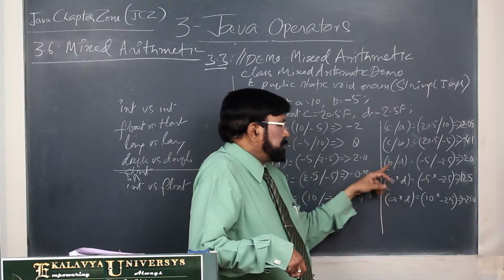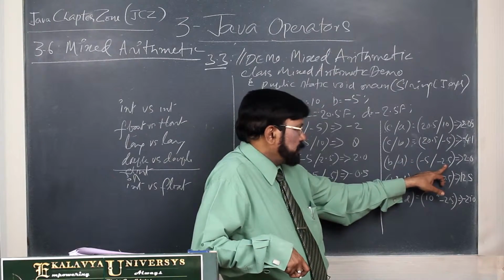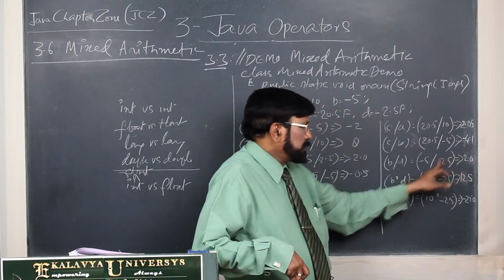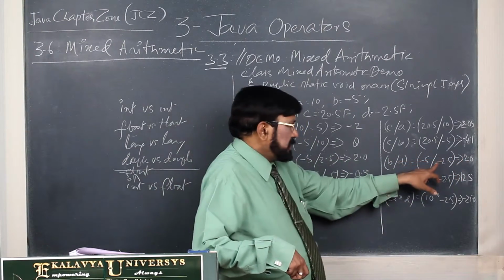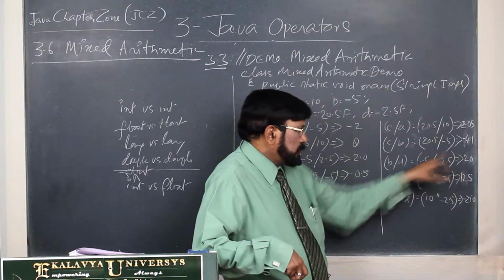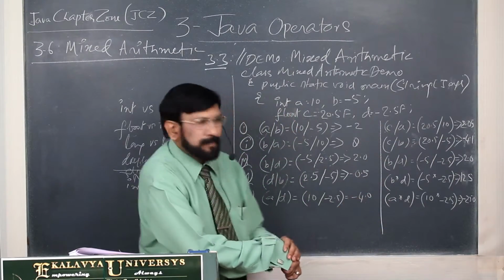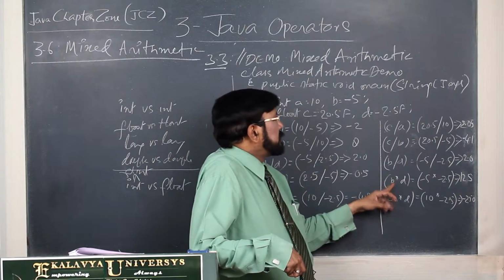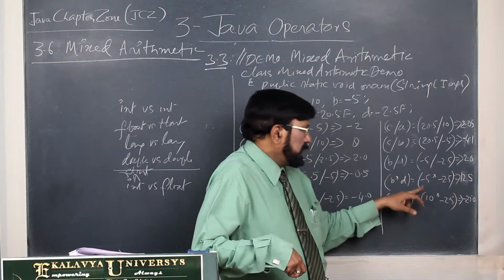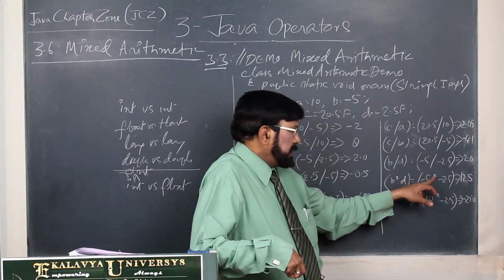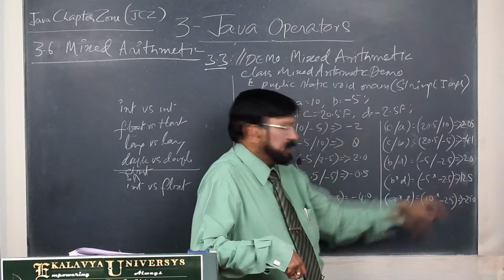Thereafter, B by D. B is int, D is float, minus 5 by minus 2.5. This is 2.0, cross checking, minus 2.5 into 2.0, this is minus, minus into plus minus, and 2.5 into 2, 5. Thereafter, B into D. B is integer, D is float, int versus float, the result is float, and here minus 5 into minus 2.5, minus into minus plus, and 5 into 2.5, 12.5.